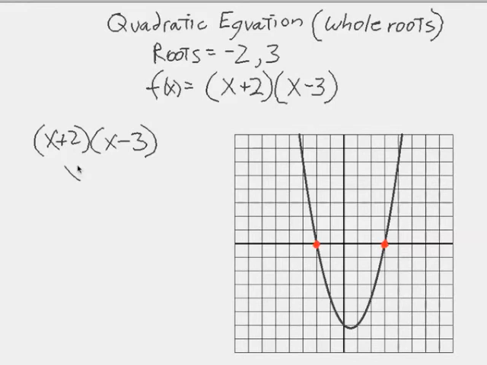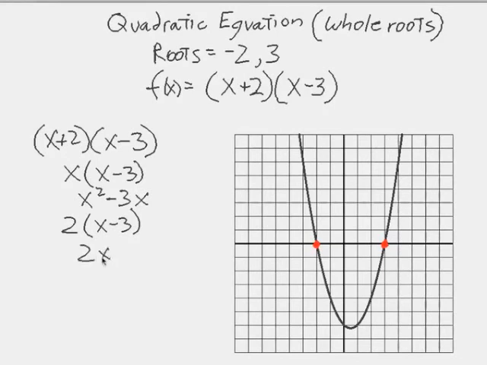So I'm doing the same thing as with the distributive property, x times this x minus 3. So I get x squared minus 3x. Okay, now I'm going to forget about the x and multiply by the 2. So I'm doing 2 times x minus 3. So I get 2x minus 6.